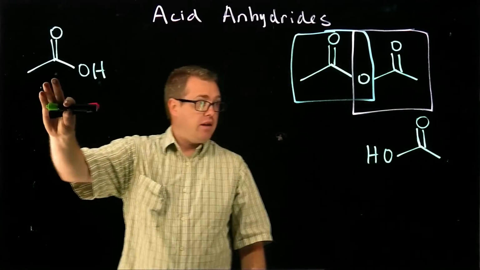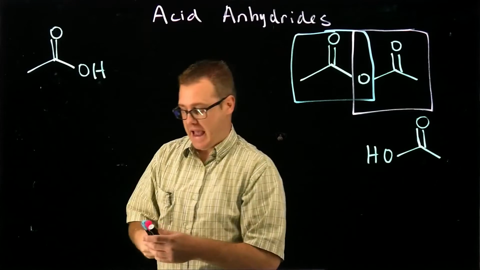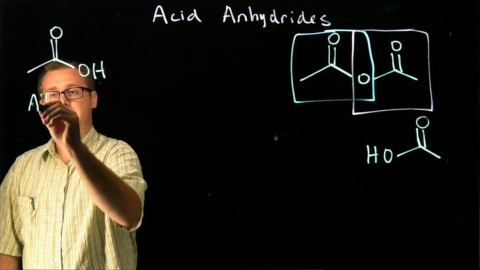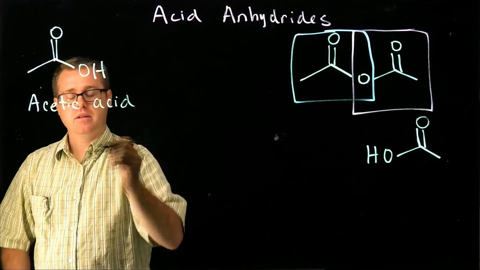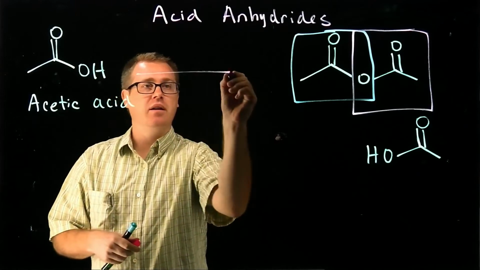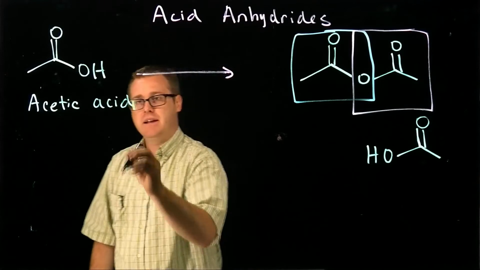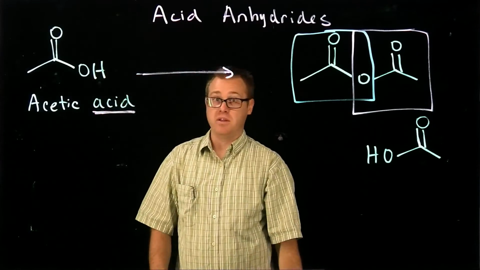So you figure out what is the carboxylic acid, and then you name that. And we know this guy is called acetic acid. So if we want to go to the acid anhydride, this one's easy. All you have to do is replace the acid word with anhydride.